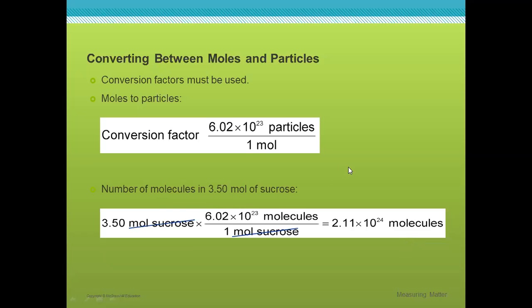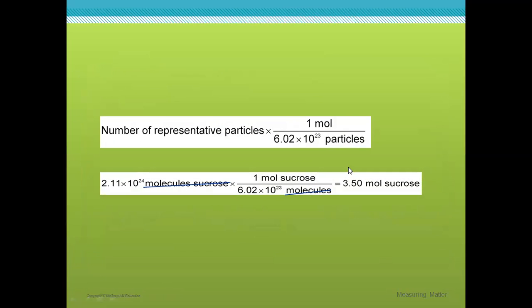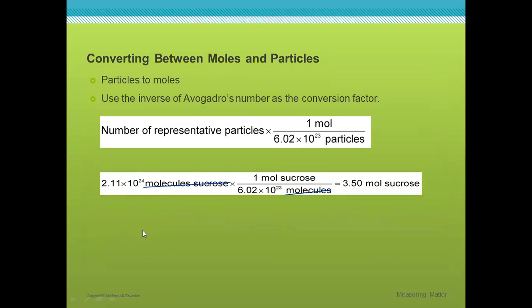But how can we get the number of moles? This is the number of represented particles. Converting between moles and particles works vice versa. To convert particles to moles, use the inverse of Avogadro's number as a conversion factor.